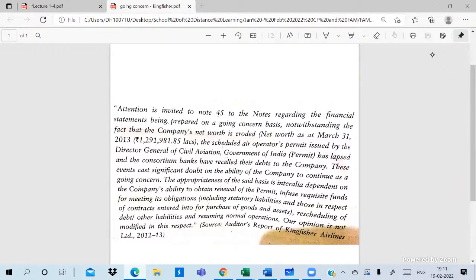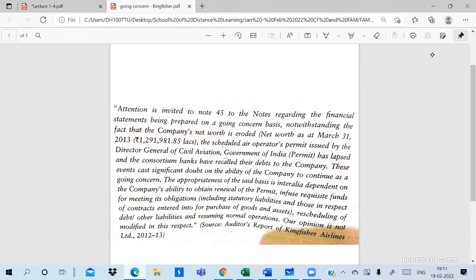These events cast significant doubt on the ability of the company to continue as a going concern. The appropriateness of the said basis is entirely dependent on the company's ability to obtain renewal of the permit, infuse requisite funds for meeting its obligations, rescheduling of debt, other liabilities, and resuming normal operations.